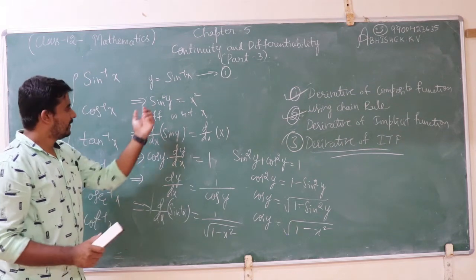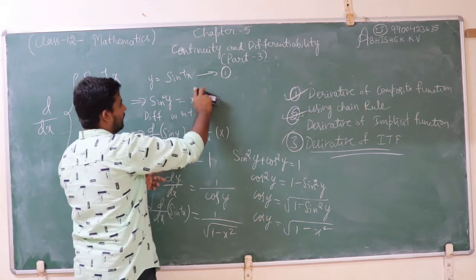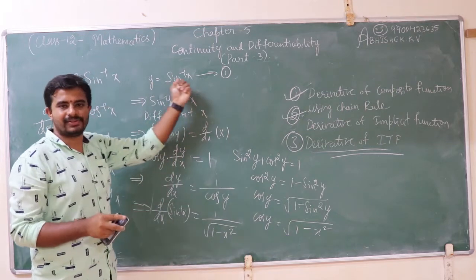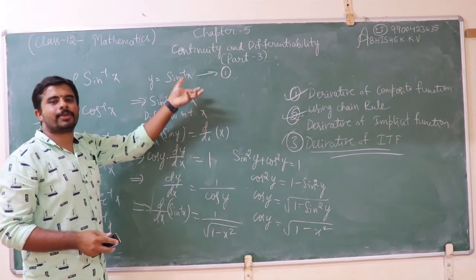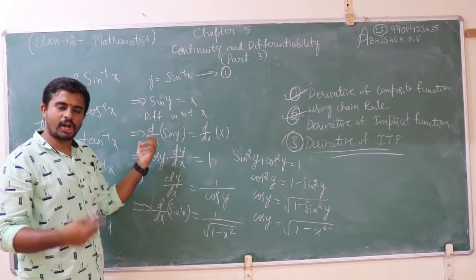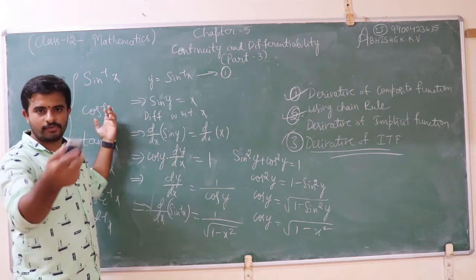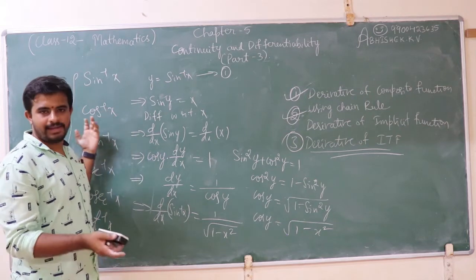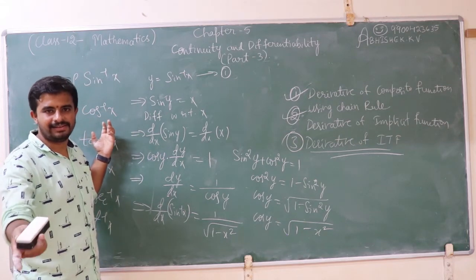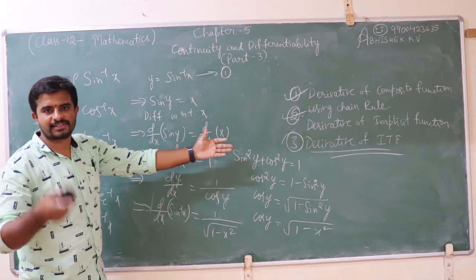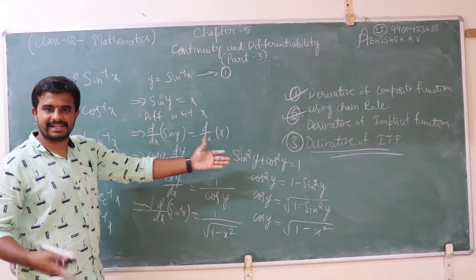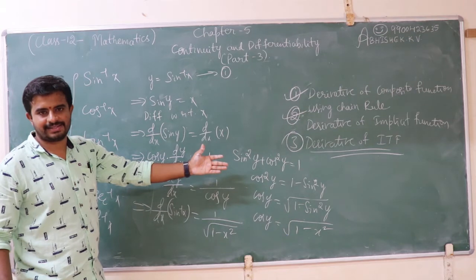Is it clear? Simply take y is equal to sin inverse x, the given function, and convert this inverse trigonometric function to a trigonometric function. We all know the derivative of trigonometric functions, by the standard results we already learned in class 11 and noted down: the derivatives of sin x, cos x, tan x, secant x, cot x, and cosecant x.